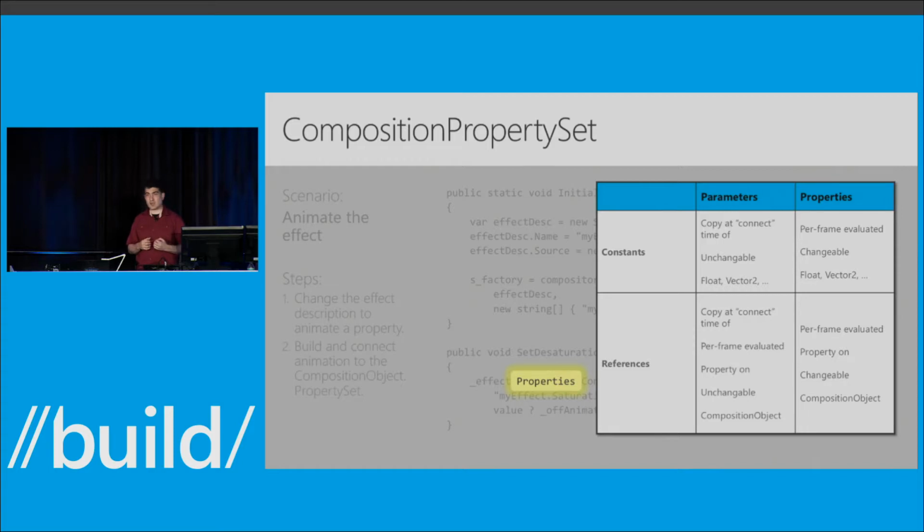They're things that you just directly set. And properties are just regular WinRT properties on composition objects, and these are things that can be animated. We have a lot more information on MSDN to describe when you use these differences. For right now, what's important to understand is that we're connecting it to the properties because we want to animate it.